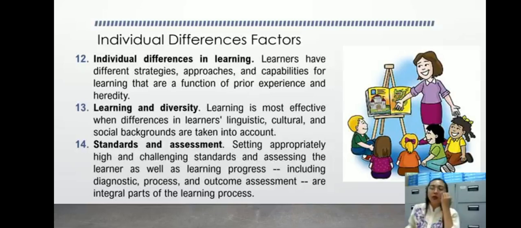All of our students are unique. They learn differently. They have different weaknesses. They have different strengths, and that's one thing that we should also consider. Okay, we should consider that every individual is born with different capabilities and talents.